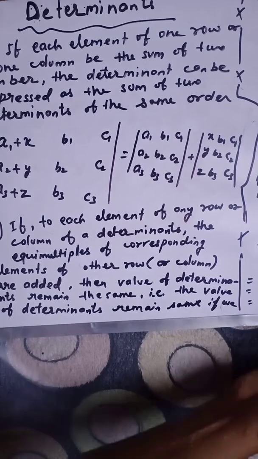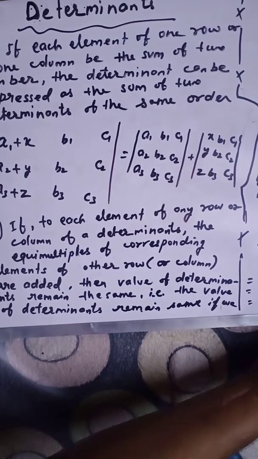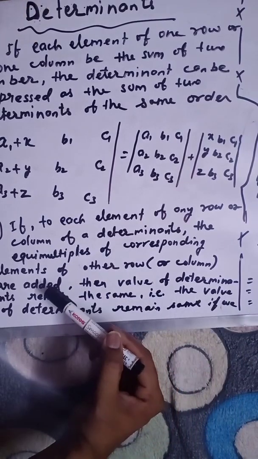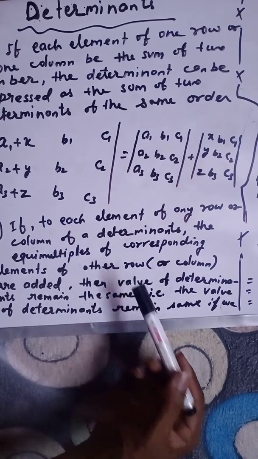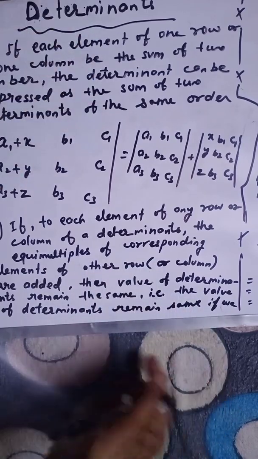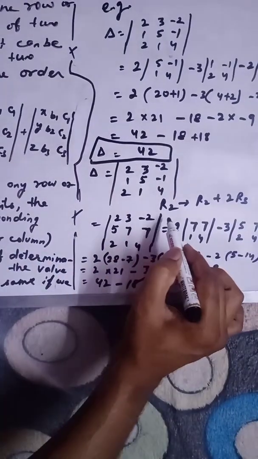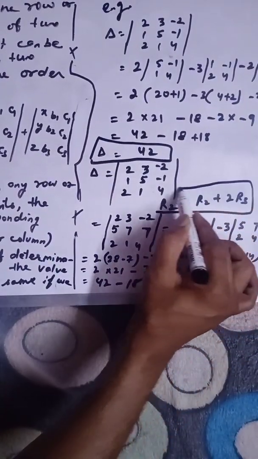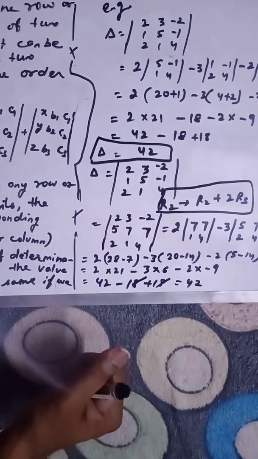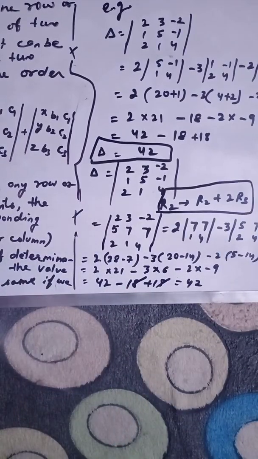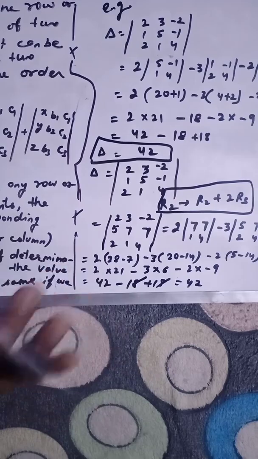Okay, are you getting this? So here we can add or subtract any two rows, and we can apply this kind of operation here. Okay, this kind of operation you can apply.